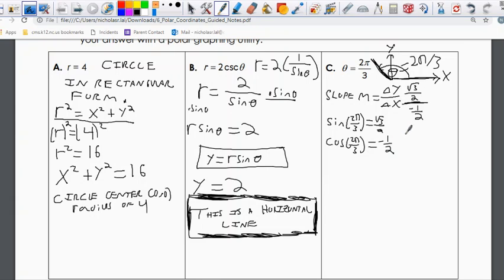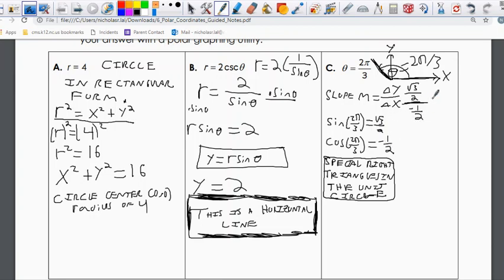These come from your special right triangles and the unit circle. So you have root 3 over 2 and -1/2.